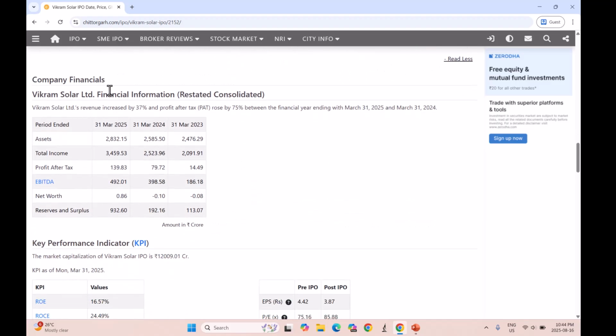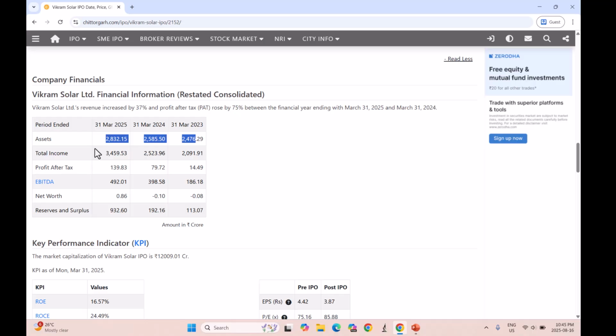Next, coming to the company financials, this is also an important parameter for considering an IPO. You have to see that the assets of the company should grow, the revenue of the company grows, that is the total income should grow, there should be profit, and there should be a growth trajectory in the profit, net worth, reserves and all. As you can see, the assets of this company are steadily growing.